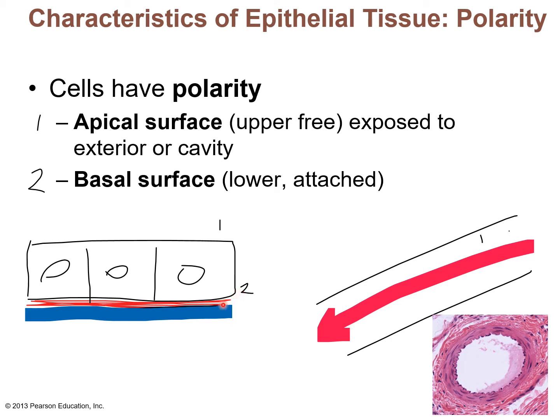In reality, it's not red and it's not blue. Under the basal surface, there is a layer represented by that red layer. This layer is known as the basal lamina, and it's a non-cellular layer, so it's not made out of cells.